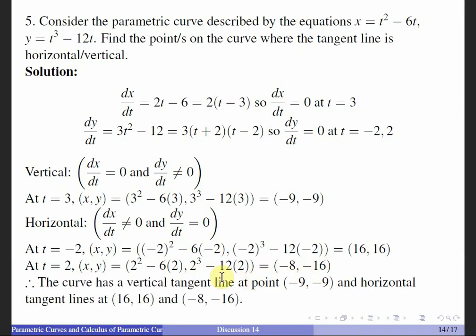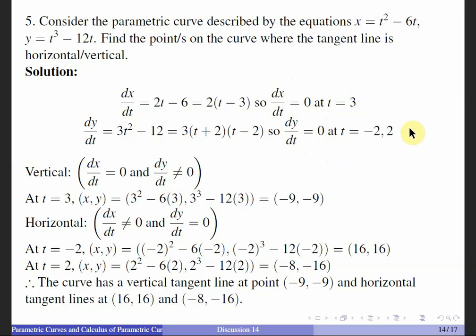Therefore, the curve has a vertical tangent line at the point negative 9, negative 9, and horizontal tangent lines at 16, 16, and negative 8, negative 16. In case you encounter values of t that will make both dx over dt and dy over dt equal to 0, then you need to use the limit formula.